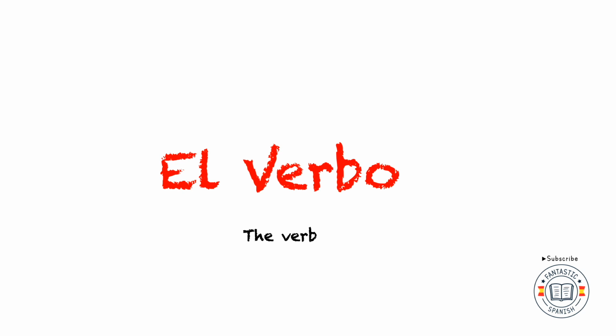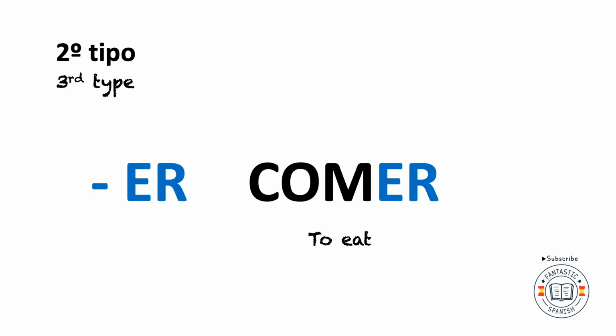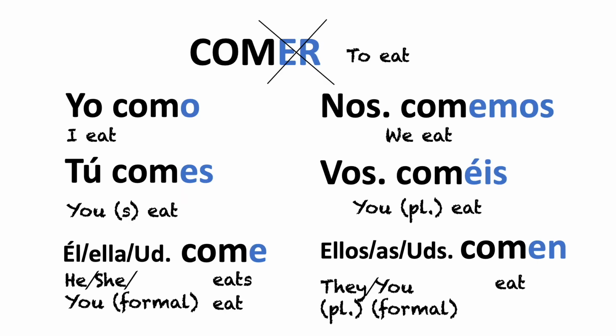Genial, great. Now that we know pronombres personales, let's continue with the second verb type. This time I'll add the pronouns as well. Por ejemplo, the verb comer, to eat. Yo como, I eat. Tú comes, you singular, eat.